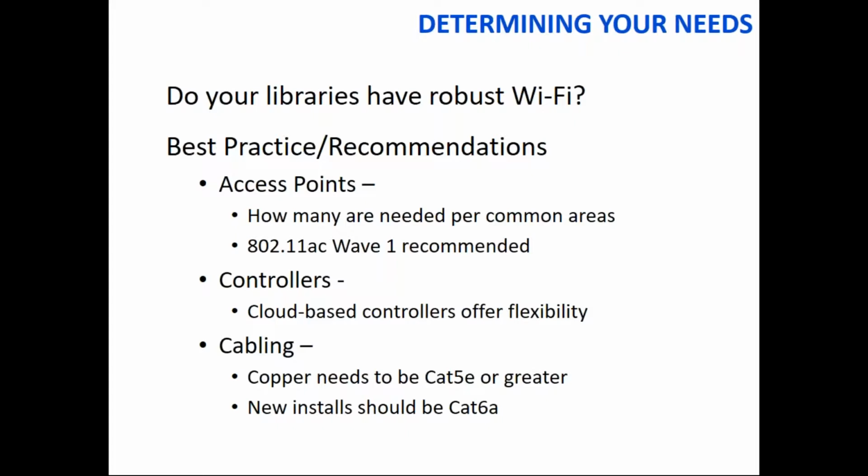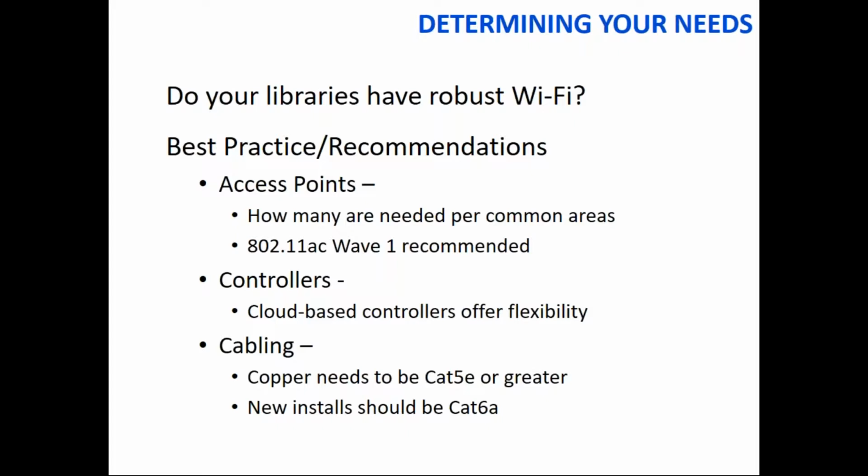All right, so when we're looking at, how do you determine your needs? Because I know some library systems have IT folks on staff that can help with this, others do not. So, some of the best practice recommendations: does your library have robust Wi-Fi?